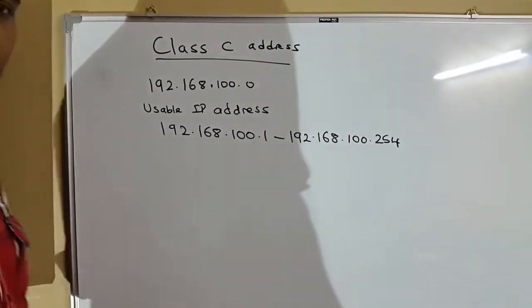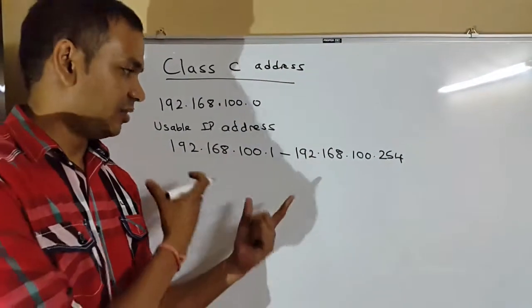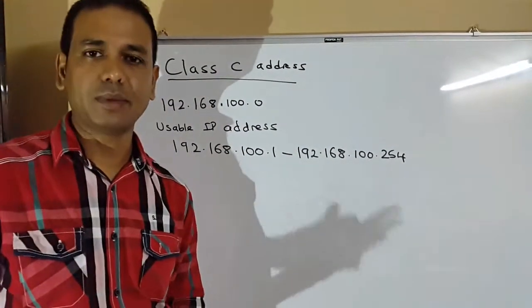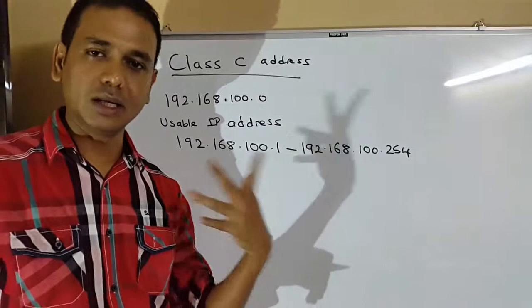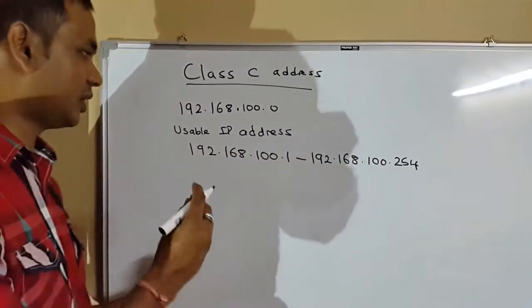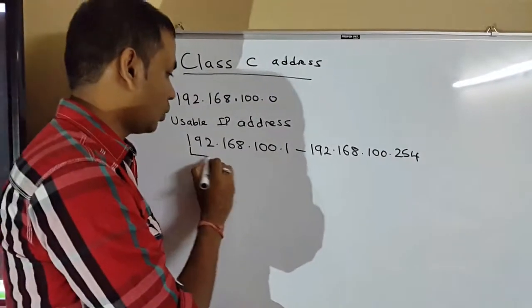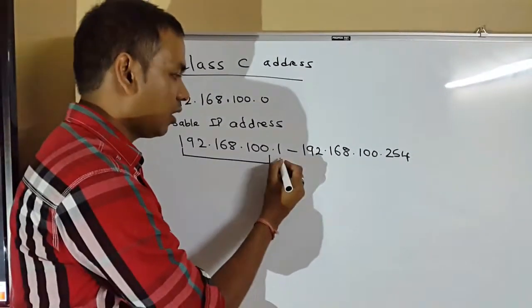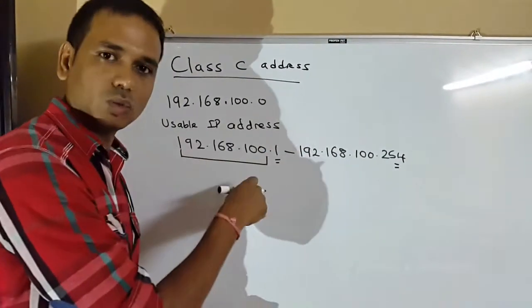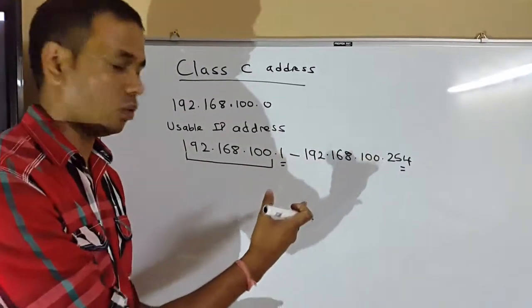These are the usable IP addresses. This means I have 254 IP addresses that I can assign to any host on the network. Each host on the network will be the same; the only thing that will change is the last digit, because it goes from 1 to 254.